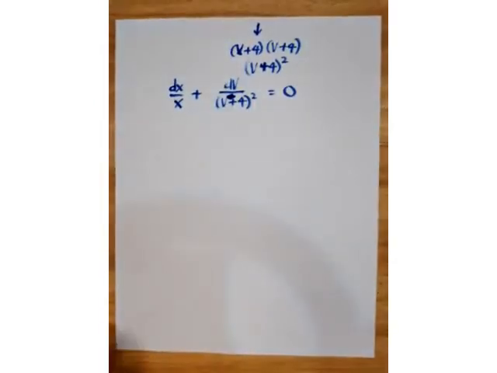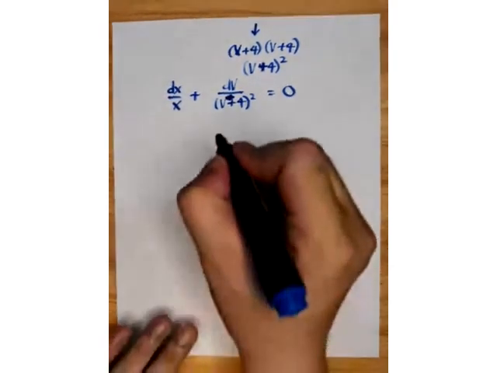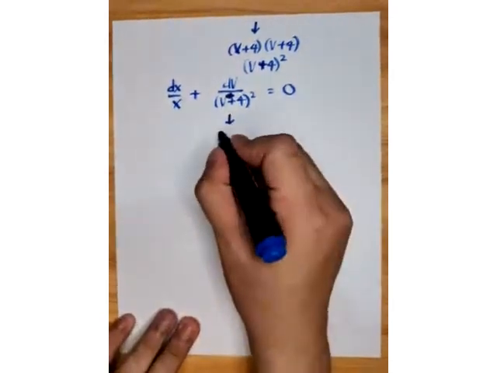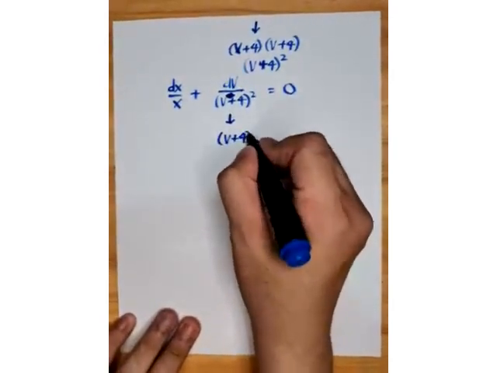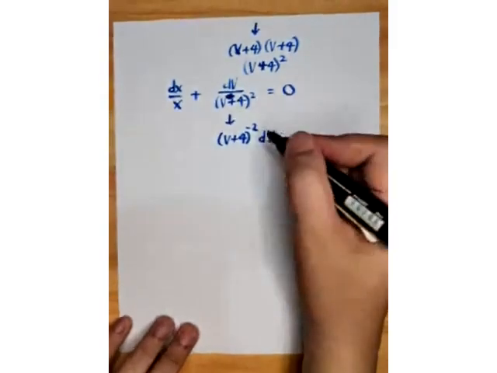How will we integrate dv over v plus 4 squared? Okay, so we'll just do power formula. So this one will be equal to v plus 4 raised to negative 2 dv. Ayan. So it's just power formula.